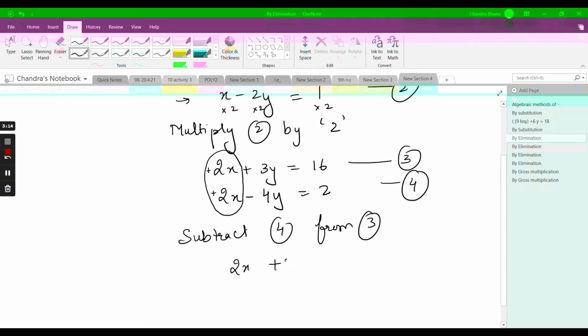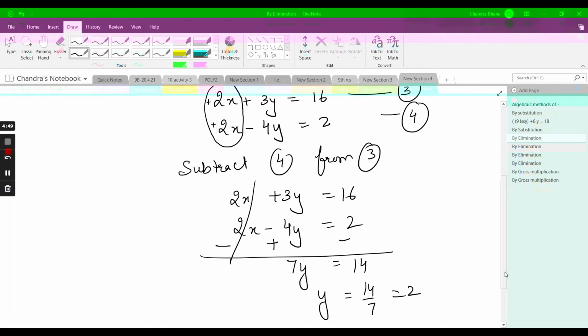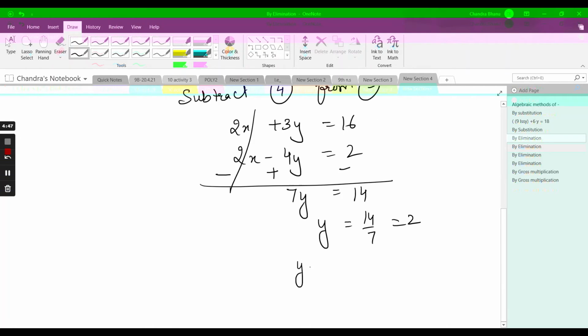So I'm rewriting it. 2x plus 3y is equal to 16. 2x minus 4y is equal to 2. So I am doing subtraction so that I can do cancellation. When I'm doing subtraction, I am changing all the signs in the second row. So now these two terms are getting cancelled. And I have 7y is equal to 16 minus 2, that is 14. So my y is 14 divided by 7, it is 2. So I am getting the value of y as 2 here.